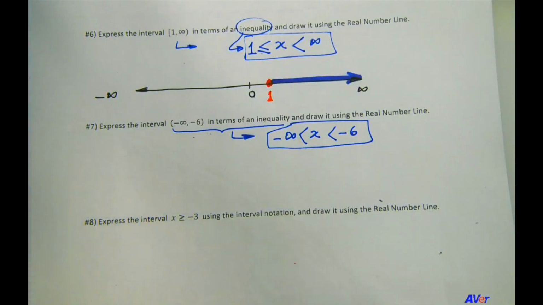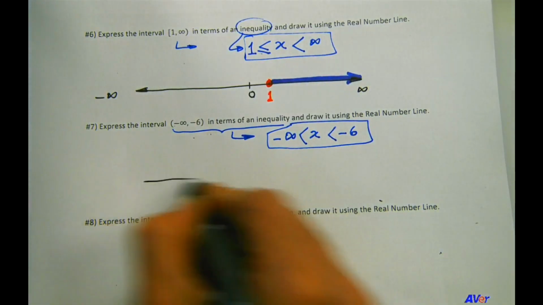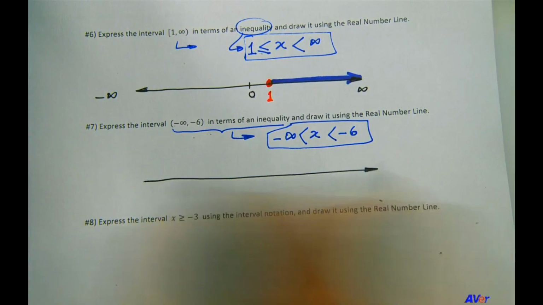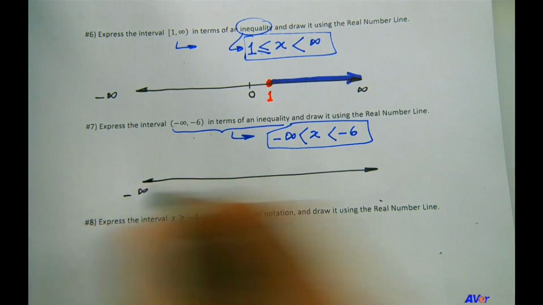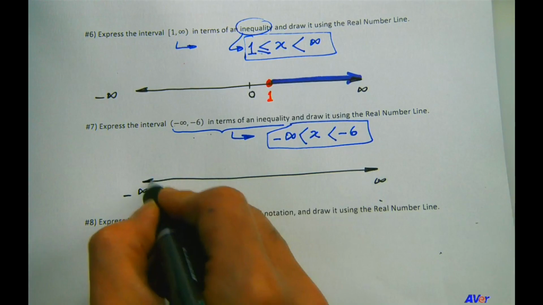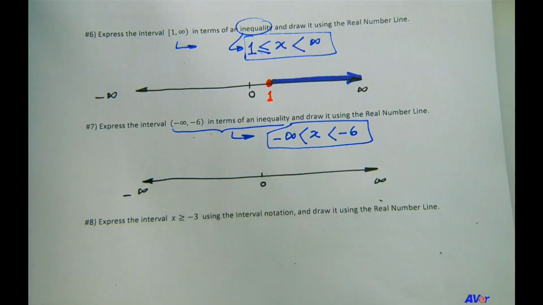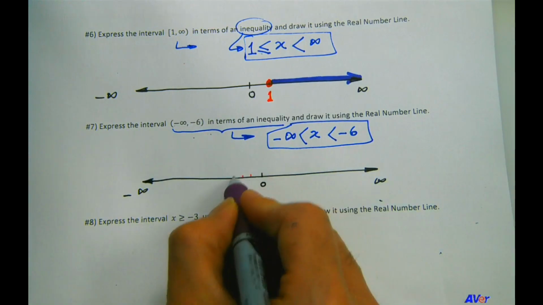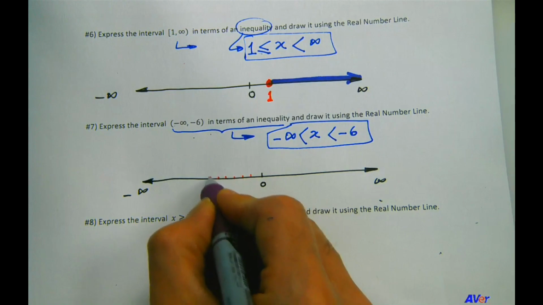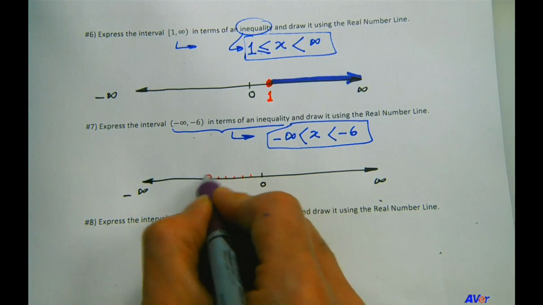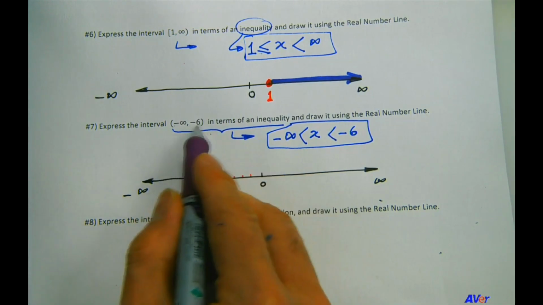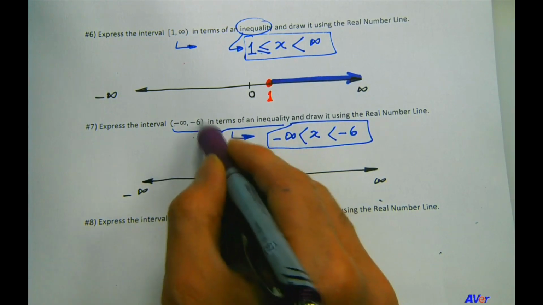And then using the real number line, right? So we have negative 6. Let's say that's negative 6, and negative 6 is not included because of the parentheses right next to negative 6.